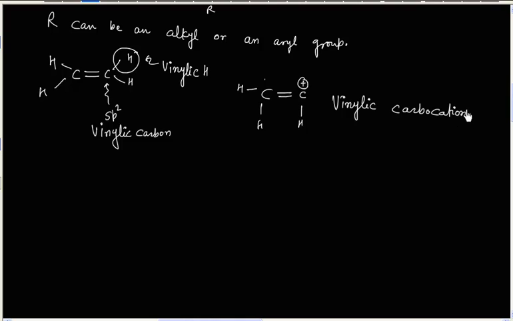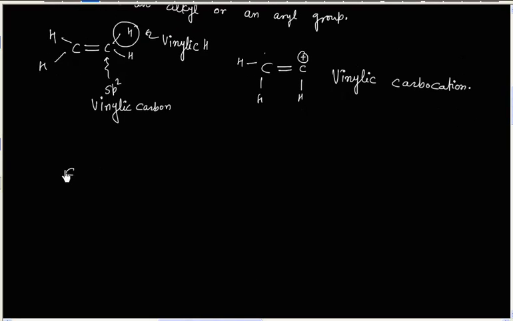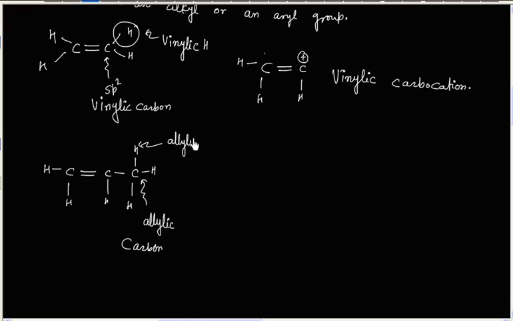Similarly, we can have an allylic carbocation. Now this carbon is called allylic carbon, and the corresponding hydrogen is called allylic hydrogen. So we can replace this hydrogen and a positive charge will be there.